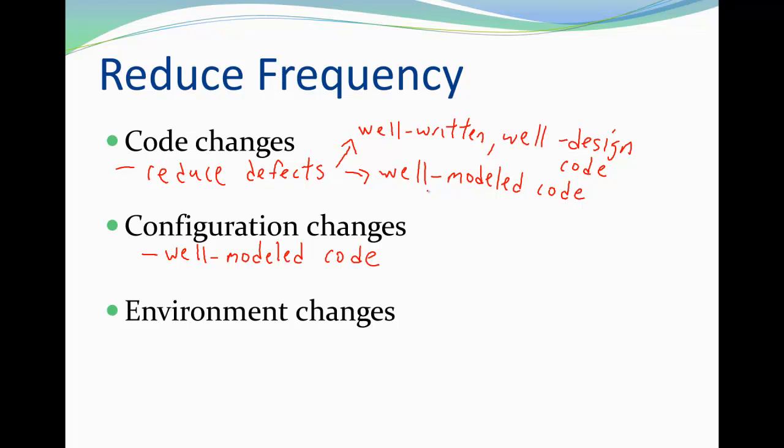Configuration changes also benefit from well-modeled code because it's going to reduce the amount of activities that operators and tech support people are going to need to do, because the designers, the implementers, the developers consciously thought out the operational environment and developed the software to minimize the work involved in configuring the software. So it reduces environmental changes, the number of configurations, and made it easier. And we'll talk more in the next slide about how that's done.